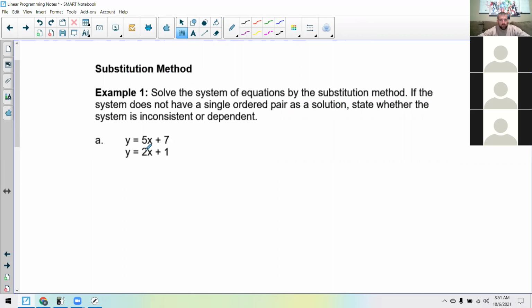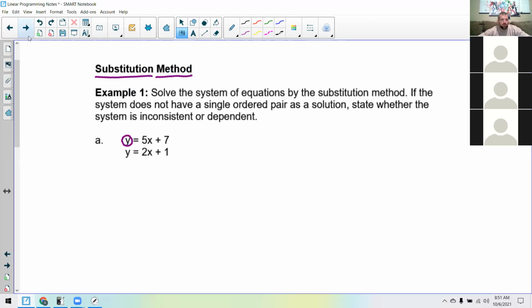Don't even worry about the second equation, but notice the first equation has y all by itself. So when you see that at least one of the equations has one of the variables isolated, I'm going to go, okay, boom, I'm using the substitution method.